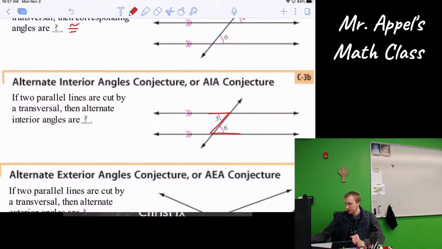I need some new answers in the chat. What's the relationship between the alternate interior angles of parallel lines?